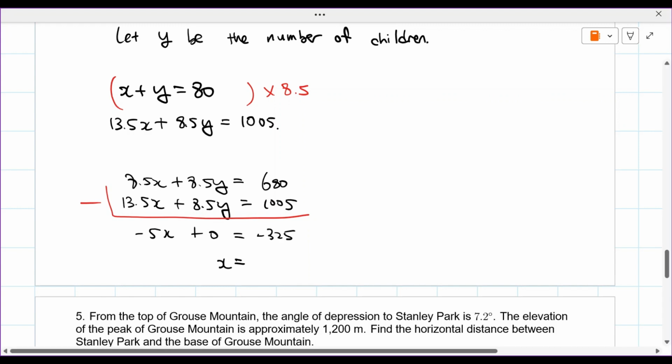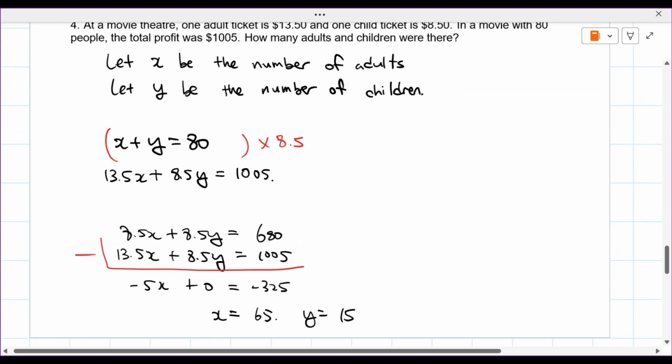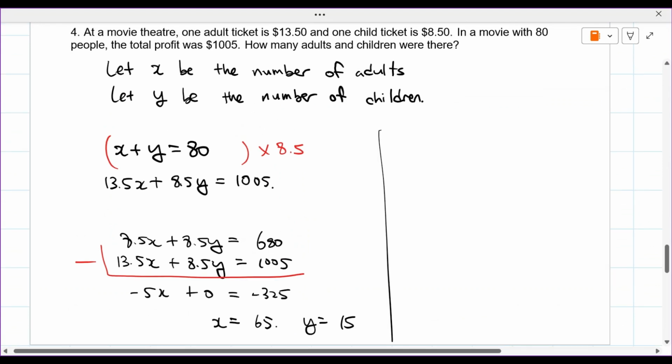So that means that x is equal to 65, which we realize quickly that y is going to be 15 because the total is equal to 80. Now let's check the answer. So we know that 65 plus 15 is equal to 80, so that's definitely a check.